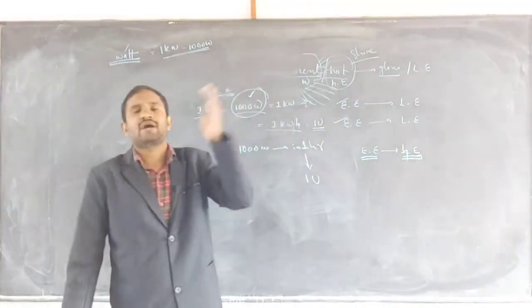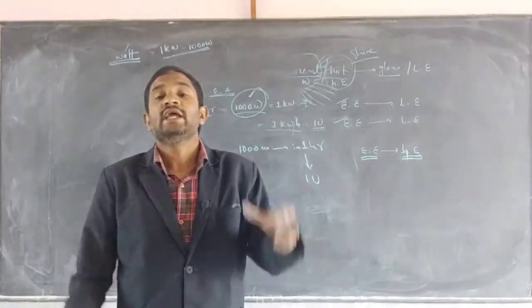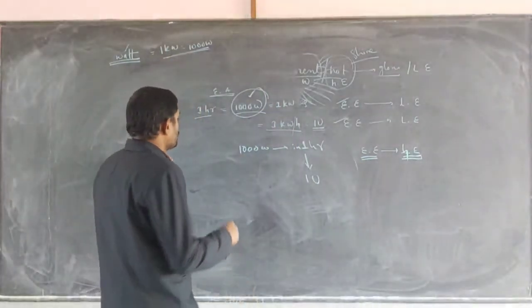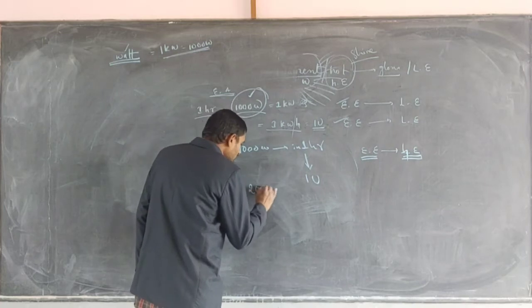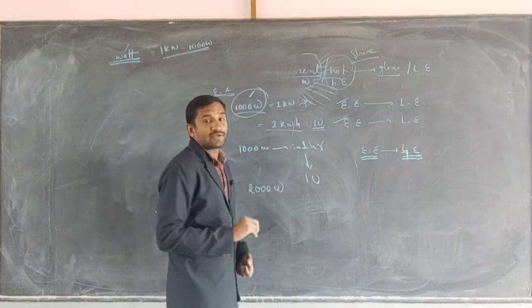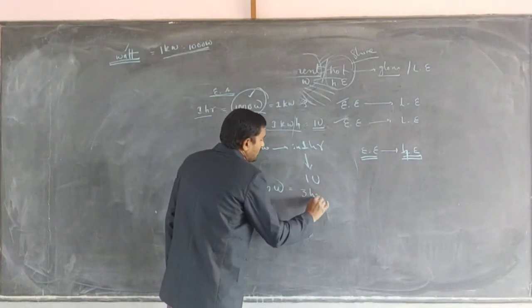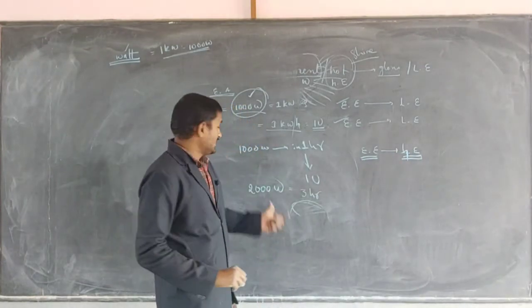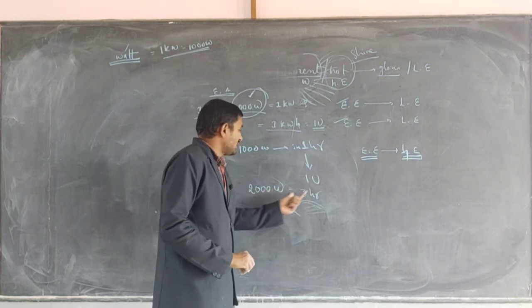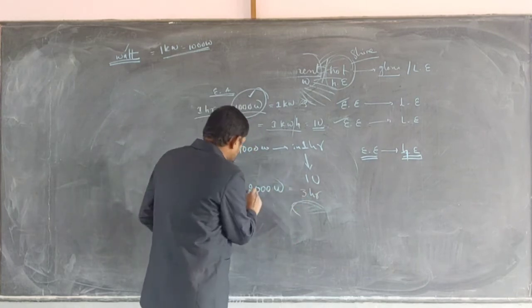Like that, the overall average for 1 day in our house is 2000 watts we are using, and within 3 hours we are using an average of 3000 watts.